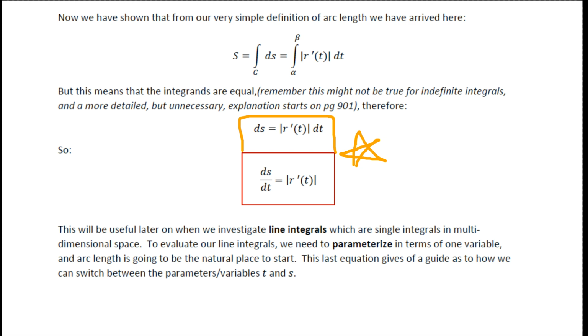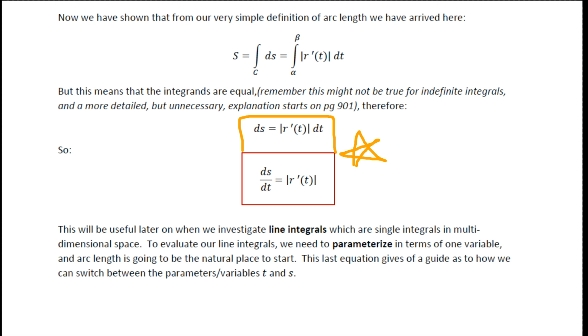Because what we're going to be doing with these things called line integrals is we're going to be integrating in space. So either in xy's or in xyz's, but our line integral is going to be one single integral, which means we're going to somehow have to integrate with only one parameter or one variable.